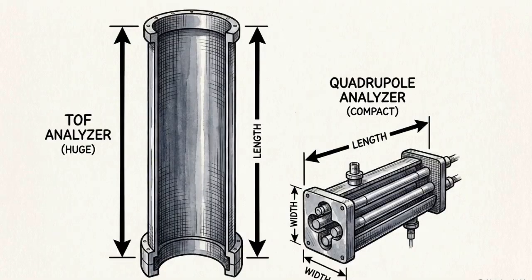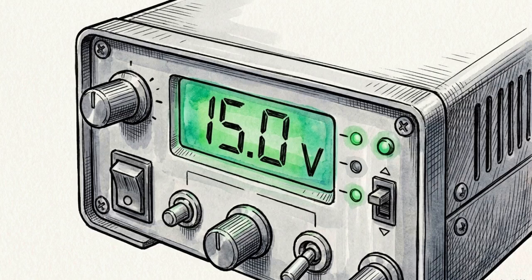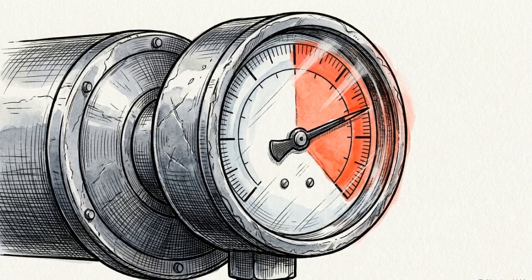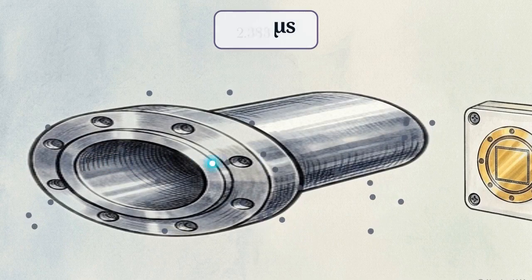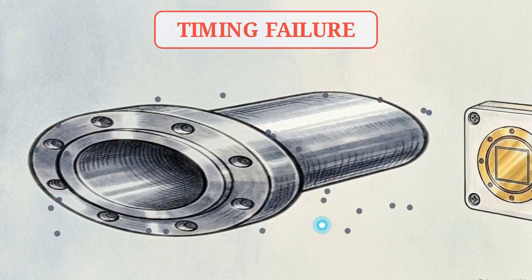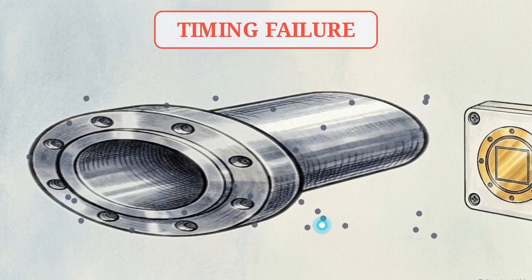Quadrupoles are compact and highly rugged. While TOF requires accelerating potentials of several thousand volts, a quadrupole operates on just 5 to 30 volts. Crucially, this design allows quadrupoles to tolerate relatively high background pressures without failing. In a TOF analyzer, high pressure causes ions to collide with background gas in the drift tube, ruining the strict timing required for data collection.